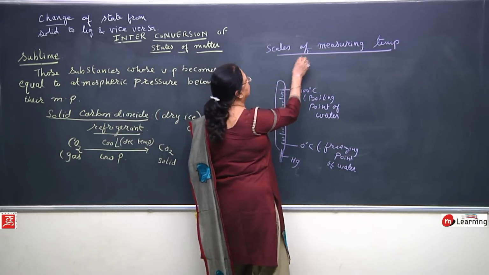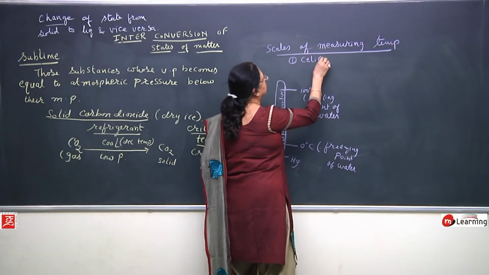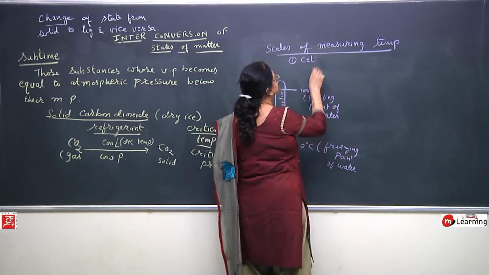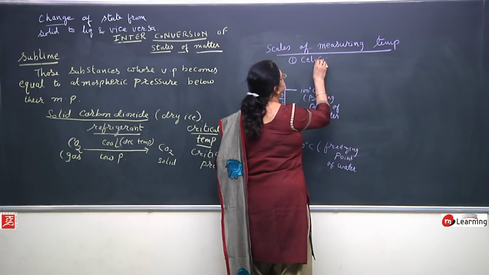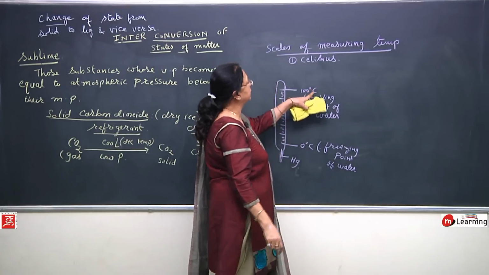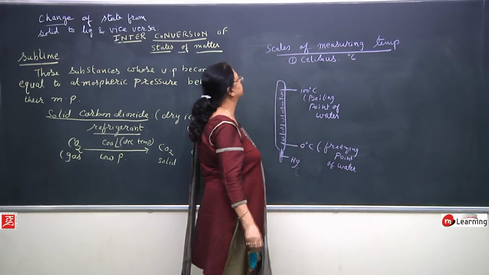Now, one scale is Celsius, that is degree centigrade. We denote it by degree C.